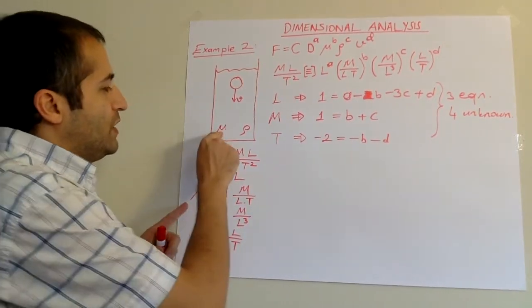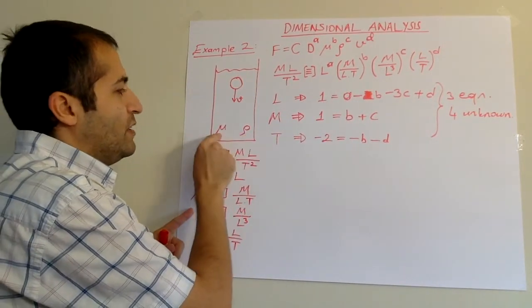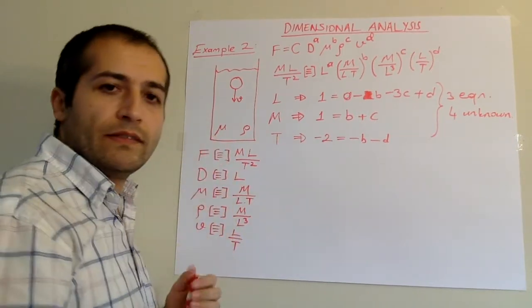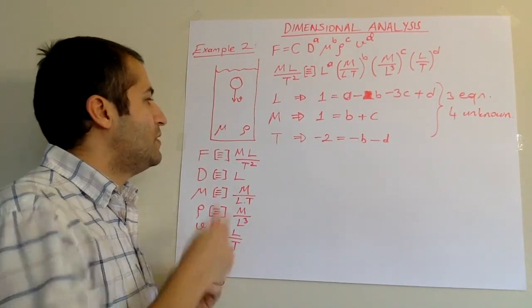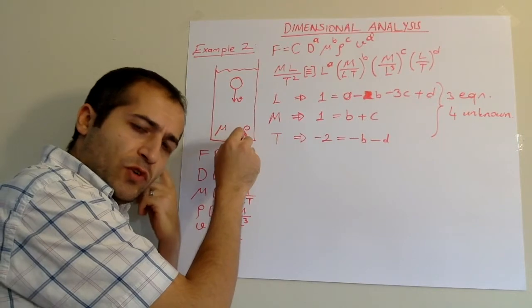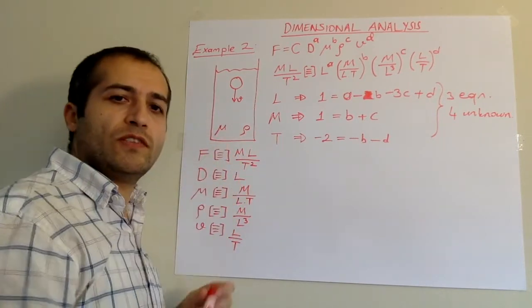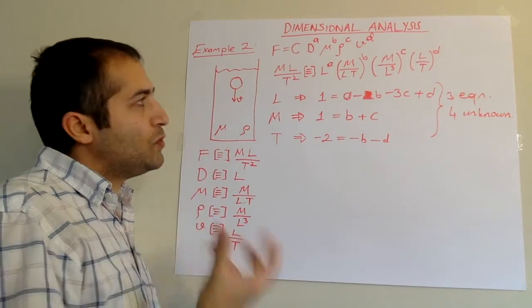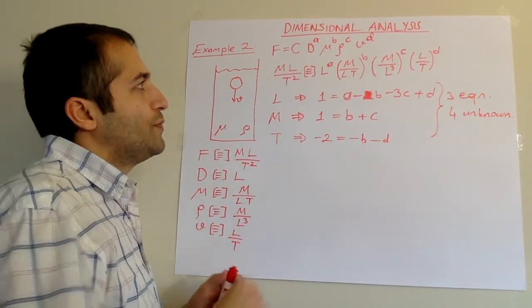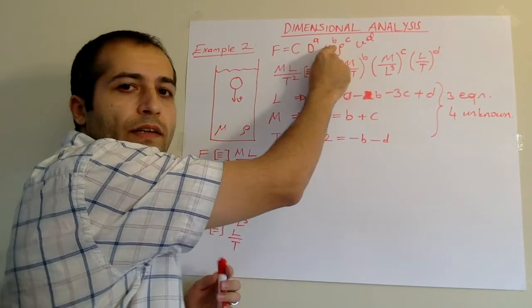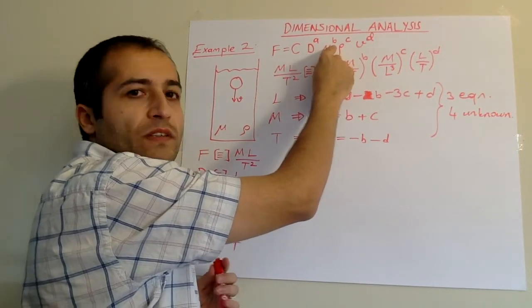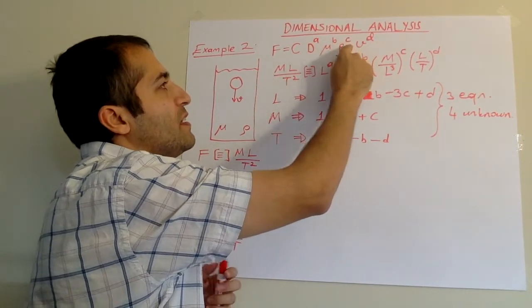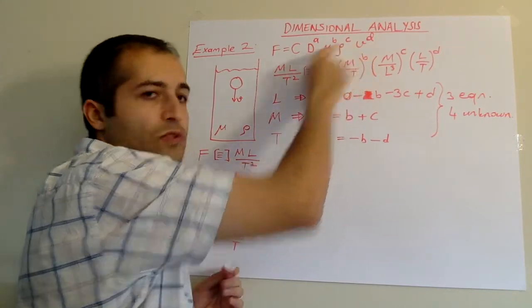When I put down the density rho and the viscosity mu, I had some suspicions about whether it's going to be the density or the viscosity which is going to affect the system. So there are two scenarios that I can choose. I can set the exponent b equal to 0, or I can set the exponent c equal to 0.